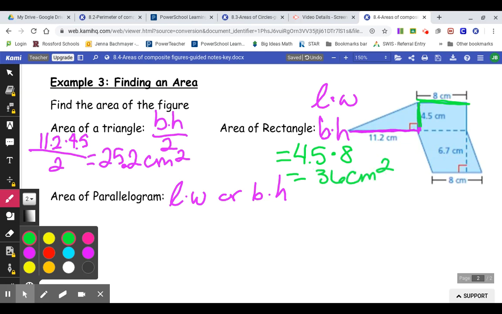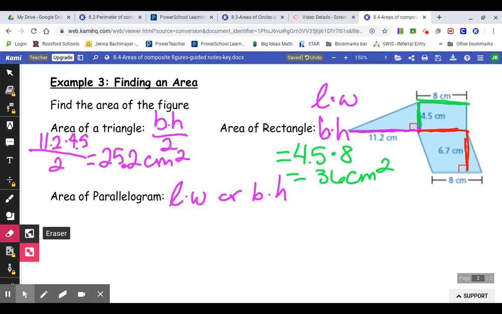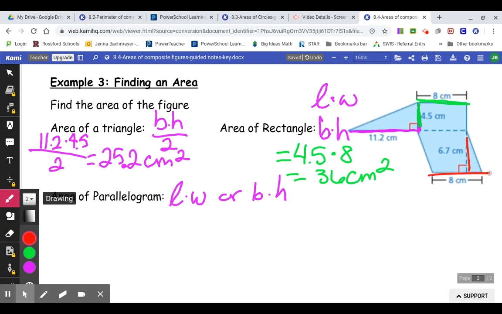And then the area of the parallelogram, we have the height and, well, I guess we can use the one on the bottom. So we have our height and our base. If we use our base and our height, we're going to do 6.7 times 8. And that is going to give me 53.6, and again, centimeters squared.